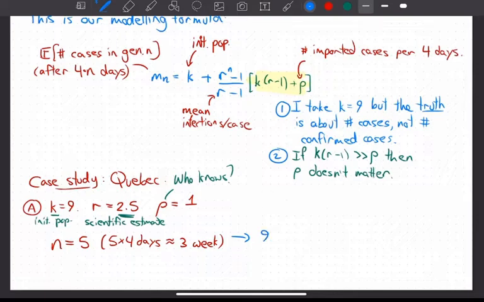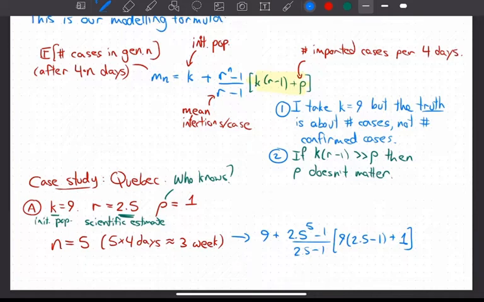Okay, so what does our formula give us? This is the formula I'm talking about right here. We're saying k is 9, and then we have 2.5, our r, to the 5 minus 1 over 2.5 minus 1, and all of that times 9 times r minus 1 plus our rho that we took to be 1.